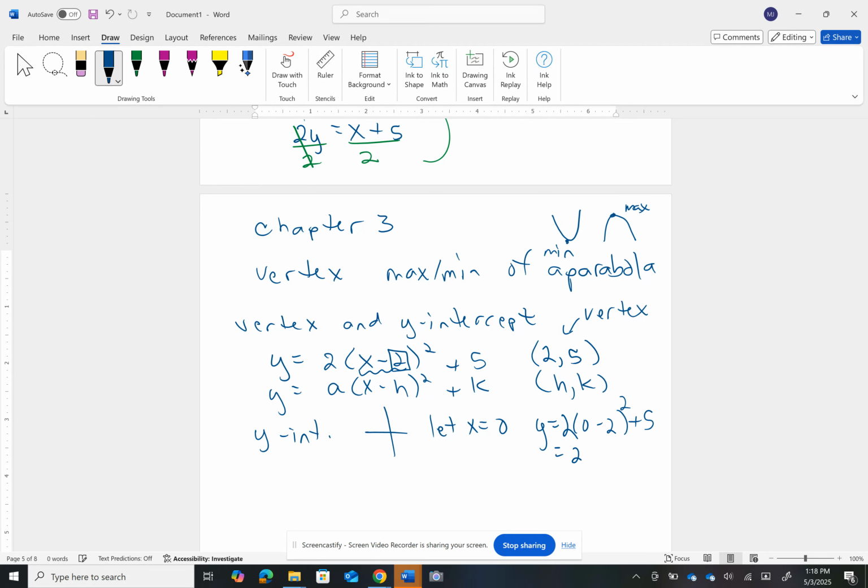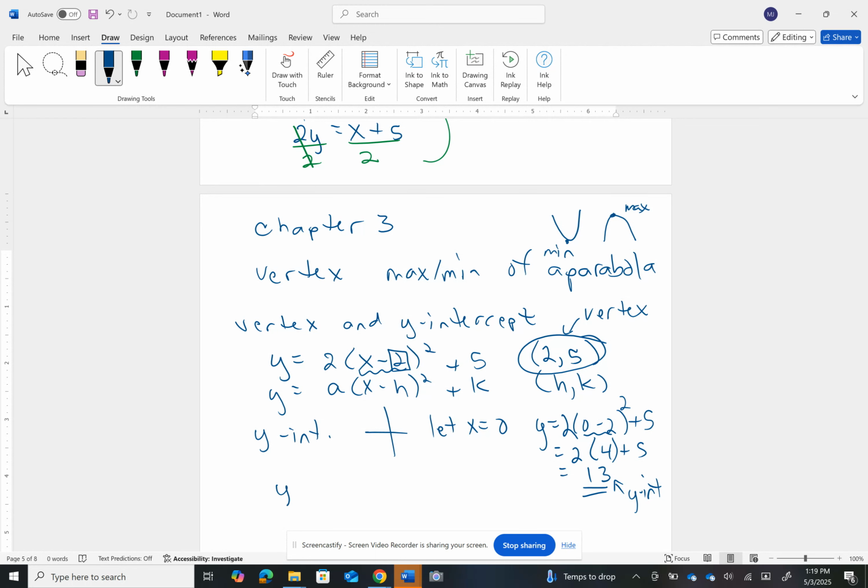So the y-intercept is going to be 2 times a negative 2 squared, which is positive 4, so 2 times 4 is 8, plus 5, or 13. So that's the y-intercept right there. And that's the vertex.